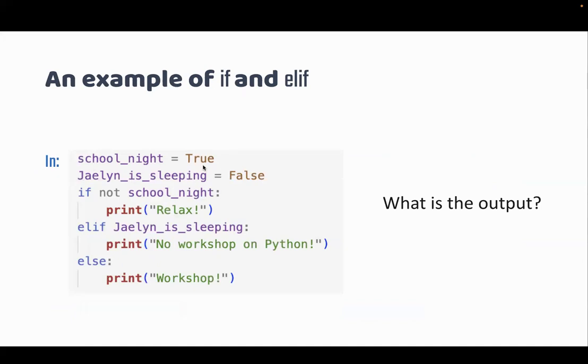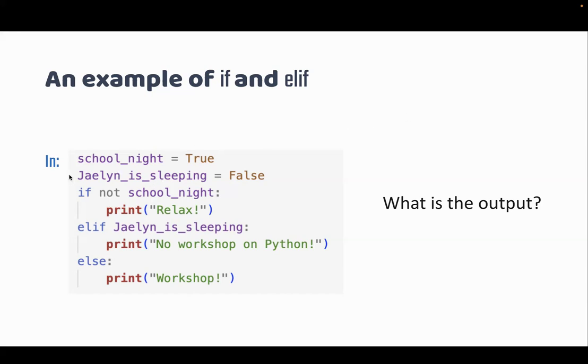So this is an example of if and elif. And we're setting school_night equal to True and Jalen_sleeping equal to False. What would this output? It's basically the condition of today. Workshop, correct.